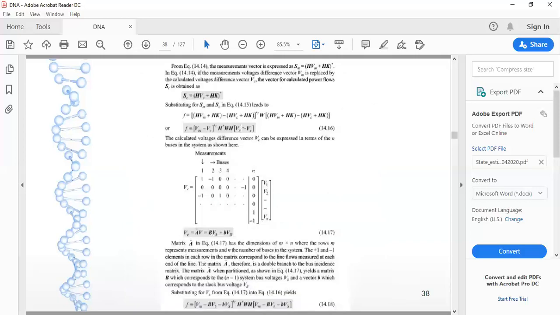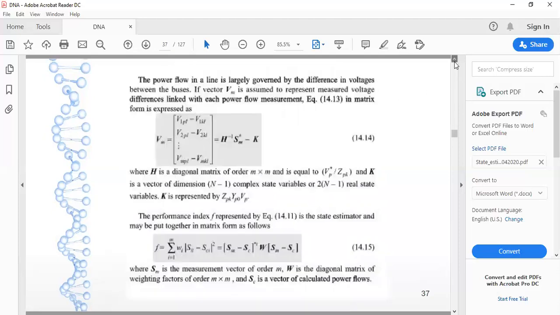Now Hc is equal to HVc plus Hk, as we have previously determined this value. Hc is equal to HVm, Vc into Hk. Suppose over here, what is Vm? Suppose this is H inverse, so it is nothing but the denominator term. If we derive in terms of Sm, then it should be multiplied with K, that is Hk, and this is HVm. So instead of Sm, what exactly can we write?